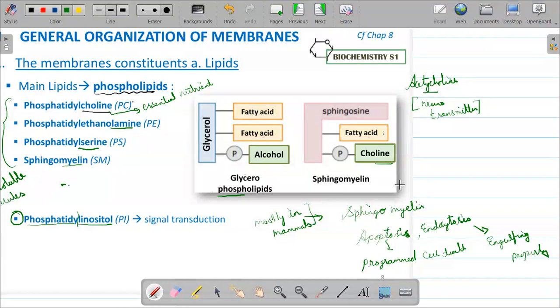If you want to know, the full name of this is N acyl, when an acyl group is added, sphingosine phosphoryl choline. Okay, I'll tell you now. It's a sphingosine.